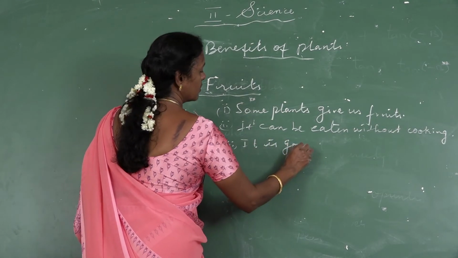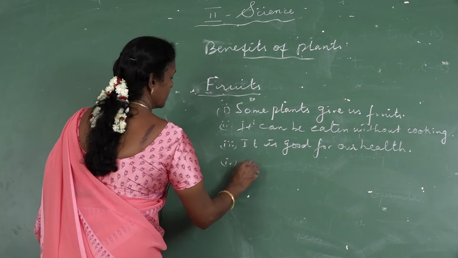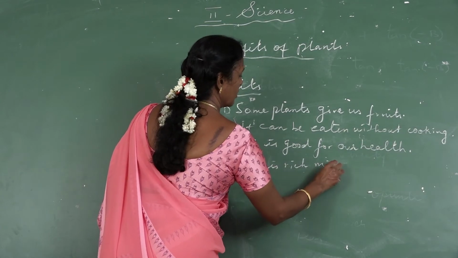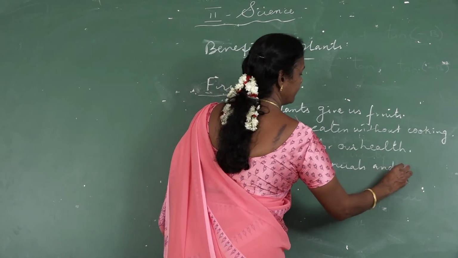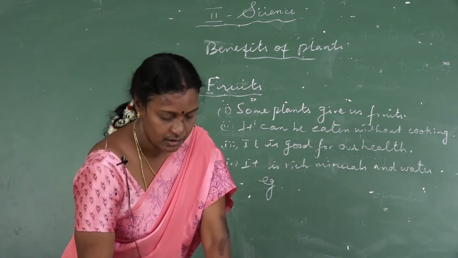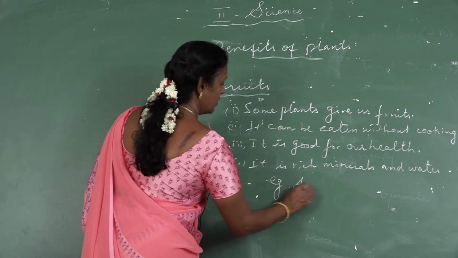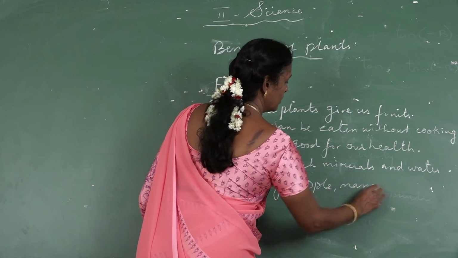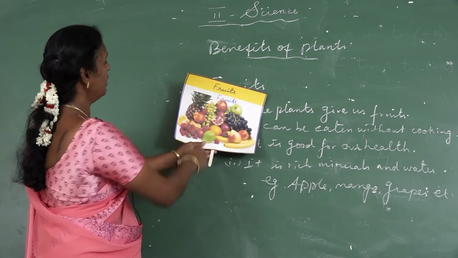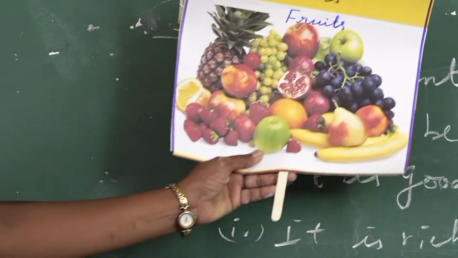It is rich in minerals and water. Example: apple, mango, grapes, etc. Apple, pineapple, grapes, banana, orange, these all we get from plants.